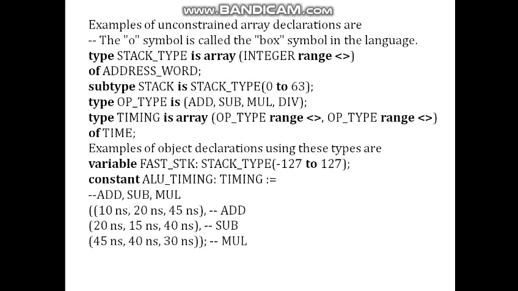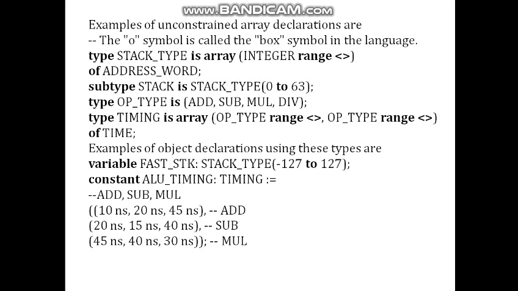An example of object declaration using these types: variable fast_stack of stack type, ranging from minus 127 to plus 127. The constant ALU_timing gives the timing for addition, subtraction and multiplication operations. For addition it is 10 nanoseconds, 20 nanoseconds and 45 nanoseconds. For subtraction it is 20 nanoseconds, 15 nanoseconds and 40 nanoseconds. For multiplication it is 45 nanoseconds, 40 nanoseconds and 30 nanoseconds.